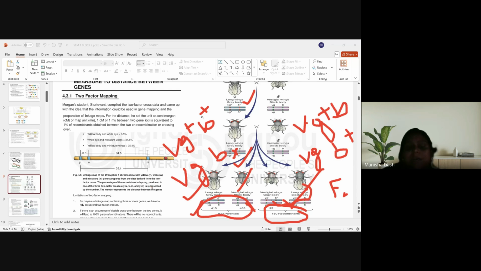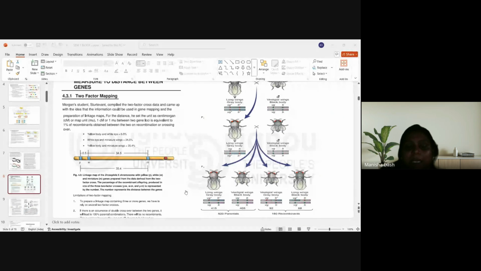So since the number of recombinants is dependent upon the distance between the genes, you can use it to find out the distance between the genes. So what is the formula used? The formula is the total number of recombinants divided by the total number of progeny multiplied by 100. That will give you the distance between the genes.